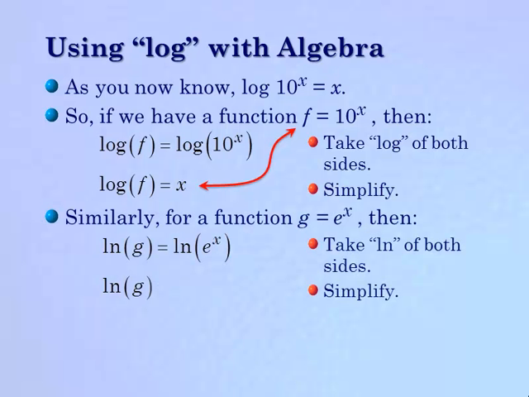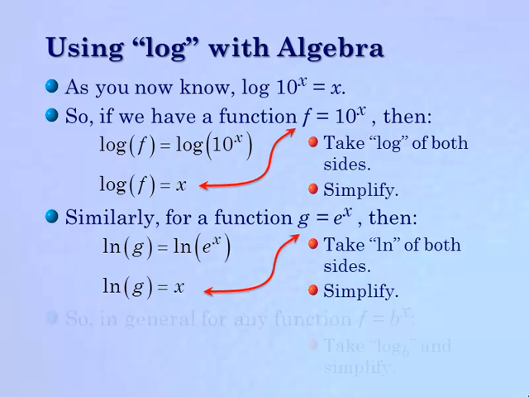Similarly, for a function that's a natural log, if we have e to the x, then we take the natural log of both sides, and the natural log of e to the x will equal x. And on the other side, we'll have the natural log of whatever's on the other side. So if we have any kind of expression that's equal to e to the x, then we can take the natural log of both sides, and this will be our other expression there, and that'll equal x.